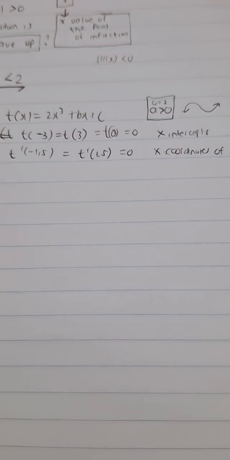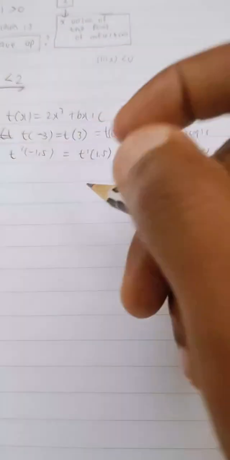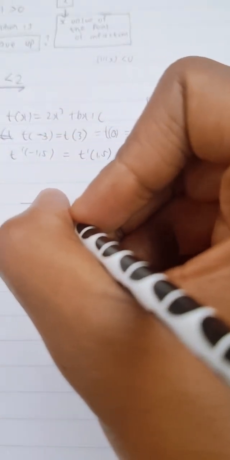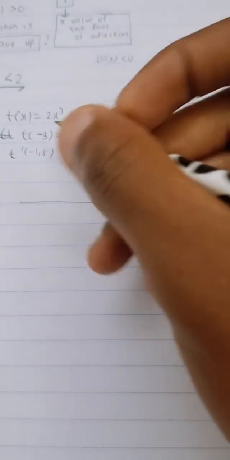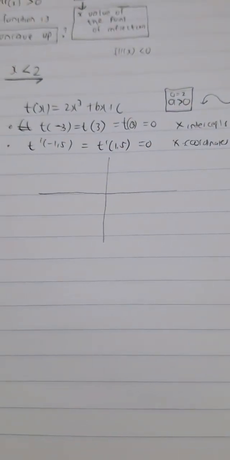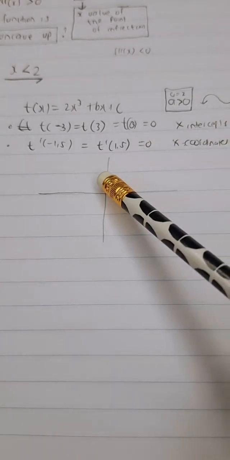So the rough sketch can be drawn, and it can be drawn very well. So let's draw. Actually, I've got a ruler.